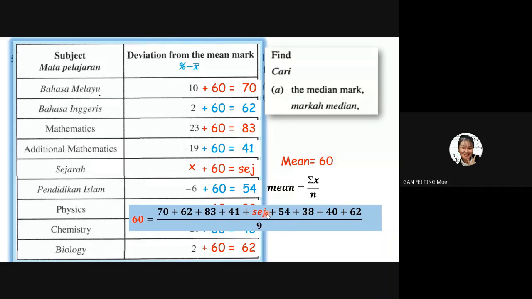Esther, do you get 90? Dia kata yes. Please press the calculator, cross multiply 60 times 9 minus 70 minus 62, and so on. Then you get your sejarah mark as 90. Very good. So once you have the marks for sejarah as 90, quickly get this number right next to the information or the question or the diagram or whatever.